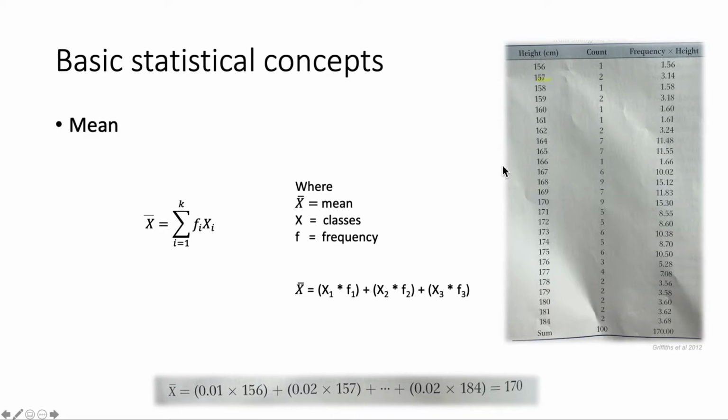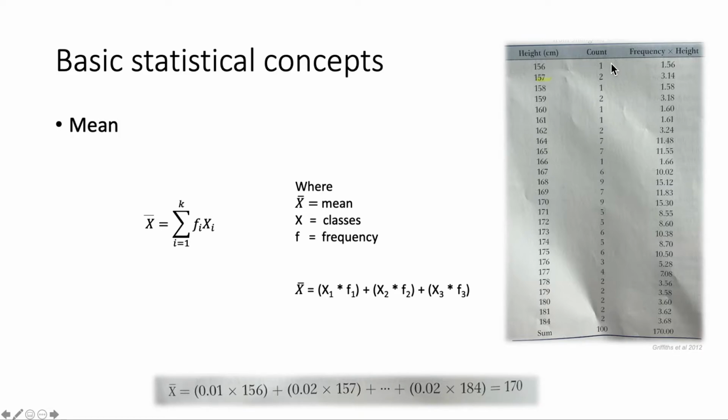Just to show you how that formula works, I have here in total 100 individuals, and we collected the phenotypic data of all the individuals. This count is the number of samples in the population that have this specific phenotype. For example, we have only one individual that has 156 centimeters of height in this data set.